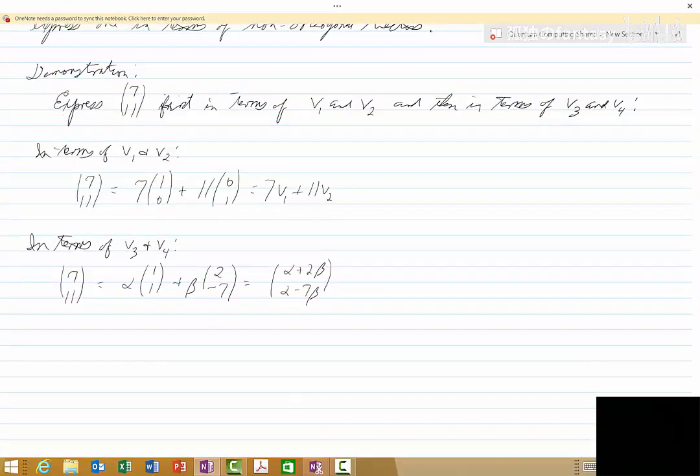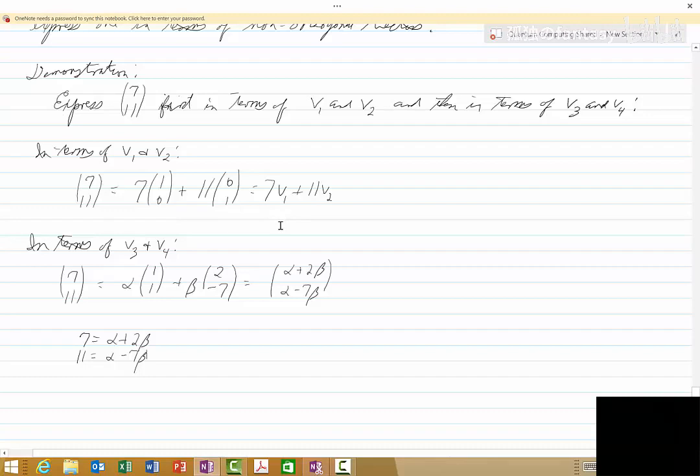And so we end up having to solve this system of equations. 7 is equal to alpha plus 2 beta, and 11 is equal to alpha minus 7 beta. And admittedly, it's not too hard to solve that system of equations, but this is a lot more work finding the coefficients in this case than it was in this case.